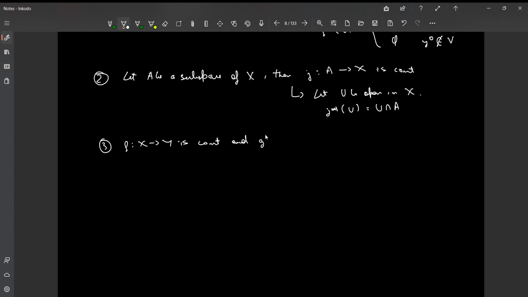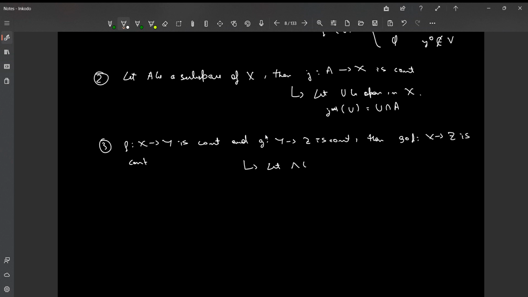Number 3, this is very obvious. If f from X to Y is continuous and g from Y to Z is continuous, then the composition map g of f from X to Z is also continuous.